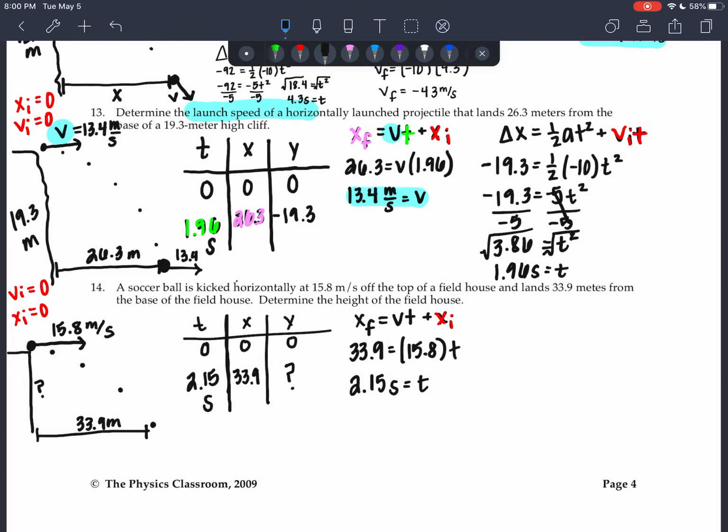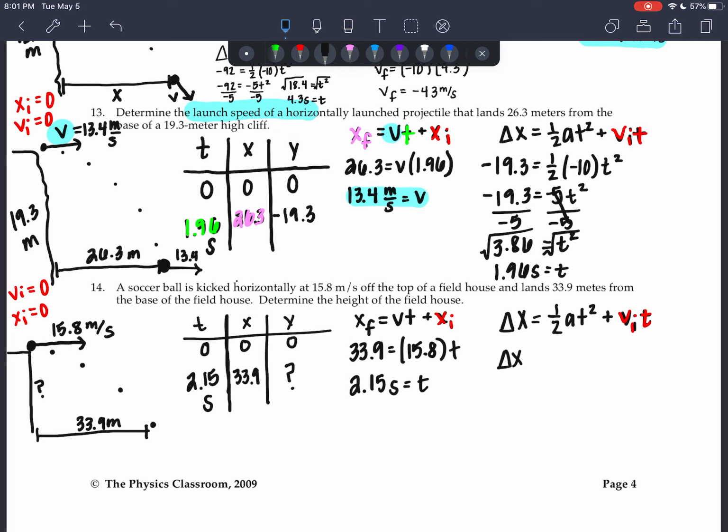So how is this helpful? Well, now that I have my time, I can figure out what my Y position is going to be by using my acceleration equation. Change in position equals 1/2 a t squared plus v i t. Remember, v i t can be ignored if initial velocity vertically is 0, which it is. My change in position is an unknown, so I'm not going to plug in anything.